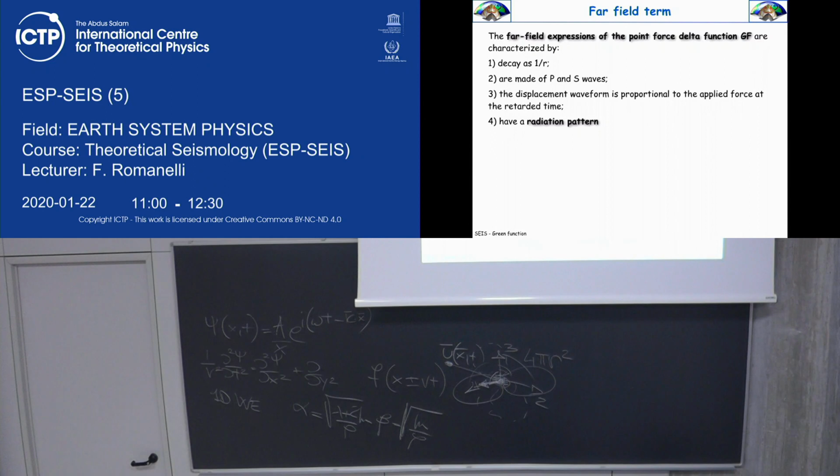So remember, far source is the nickname that we have given when we were using the representation theorem to the point source approximation. We are so far from the finite source that we can consider it as a point. Far source, near source, okay? This condition here is far field and near field. And it is defined also for a point source.